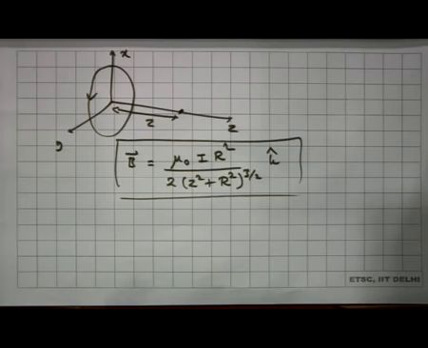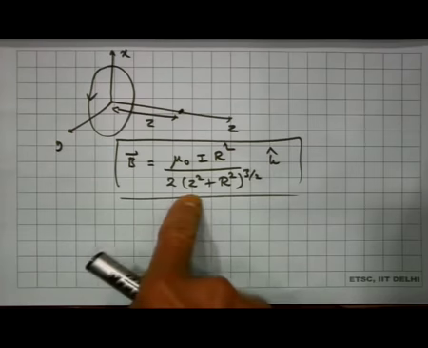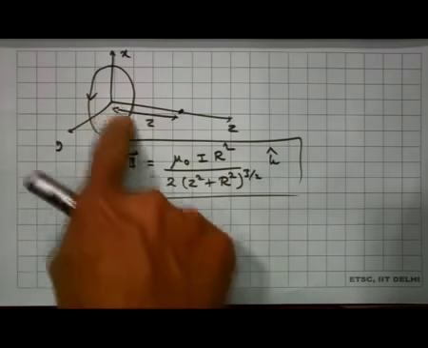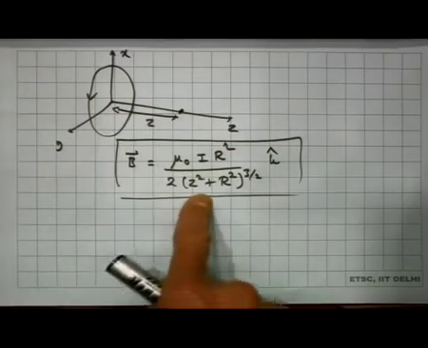Okay. So, we can actually calculate the magnetic field at any point along the axis, and it depends on the distance from the plane of the circular loop through this equation.